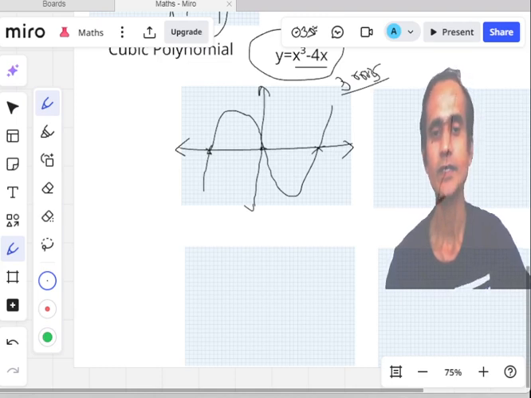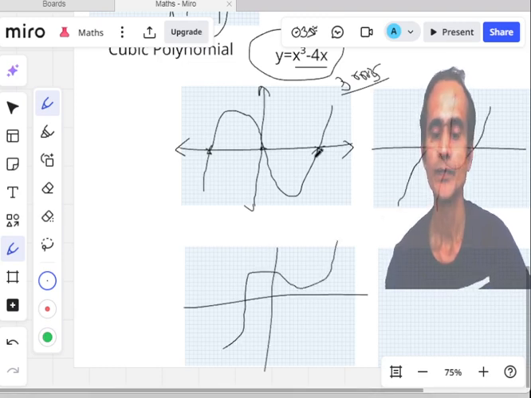Now what are the other possibilities? So the curve of a cubic polynomial could also be like this, where it touches x-axis at 2 points. So these cubic equations will have two zeros.